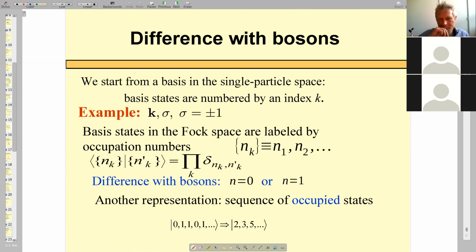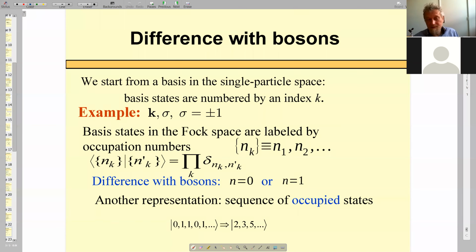What are the differences? First, a difference which is not really very important. We start with the basis of single particle states, with the number with index k. Examples are a bit different. One wave vector is not enough, because there's also spin for fermions, plus or minus, two directions of spin.